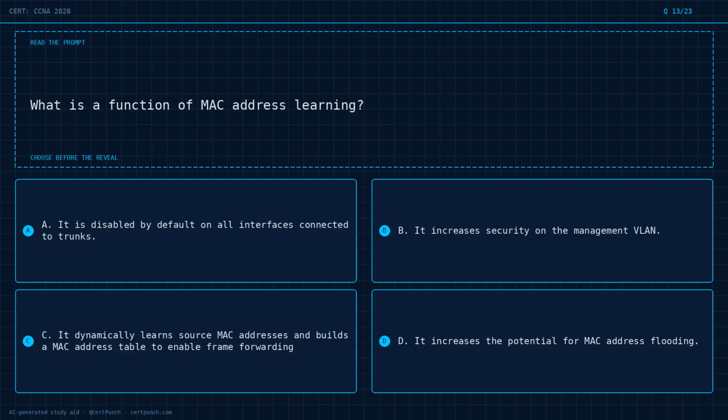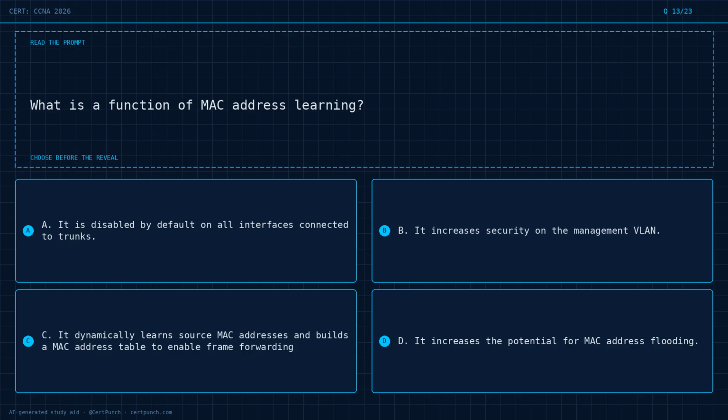Question 13 of 23. What is a function of MAC address learning? Option A. It is disabled by default on all interfaces connected to trunks. Option B. It increases security on the management VLAN. Option C. It dynamically learns source MAC addresses and builds a MAC address table to enable frame forwarding.